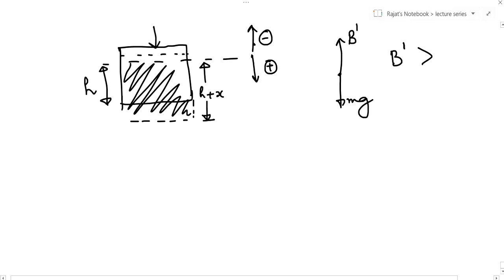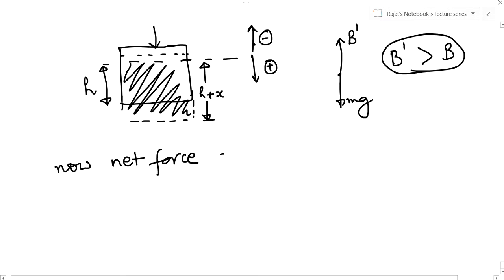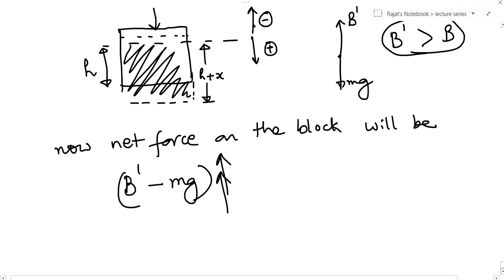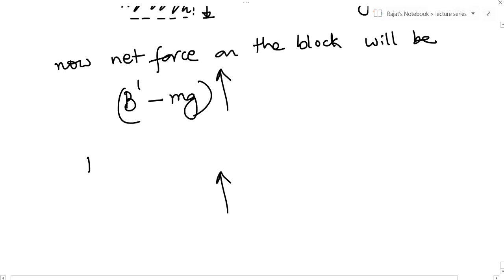B dash will be greater than B if you push it downward. So now the net force on the block will be B dash minus mg, and this will act in the upward direction. This is very obvious.